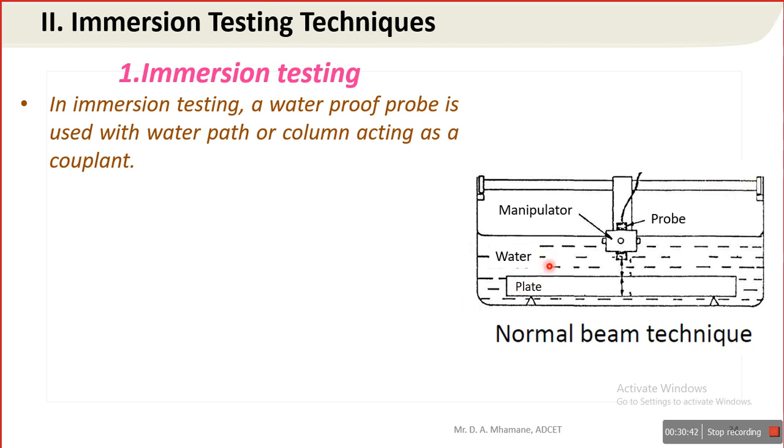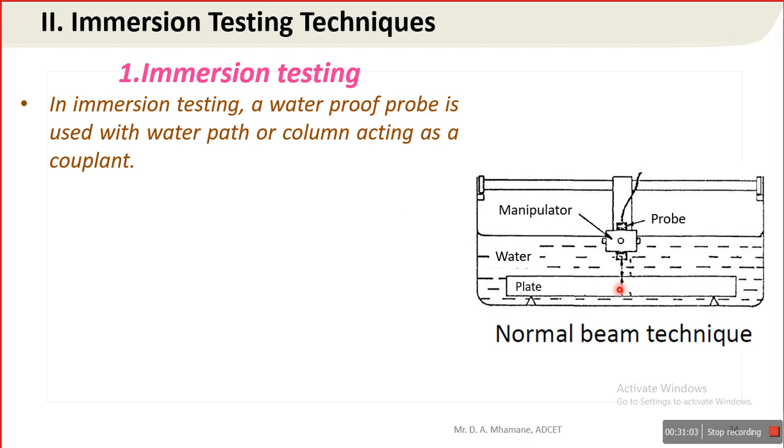The plate is immersed in the water. First, the probe transmits the sound energy into the water. After propagation of the sound energy through the water, that sound energy is transmitted into the plate and it will give us the scenario of the plate or detection of flaws.